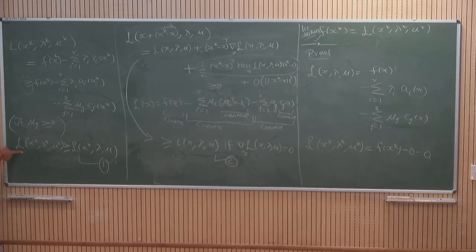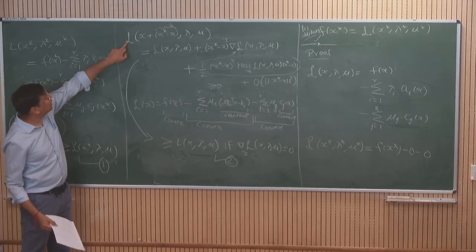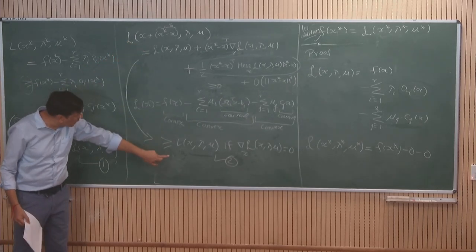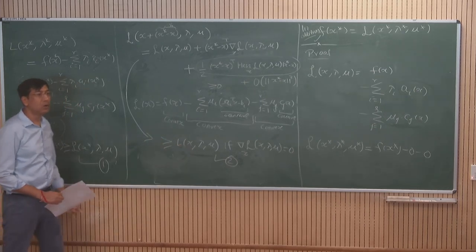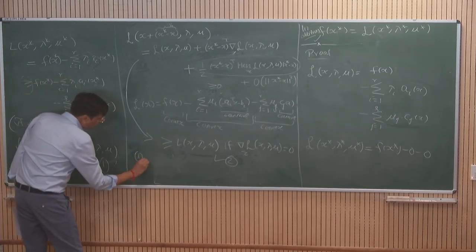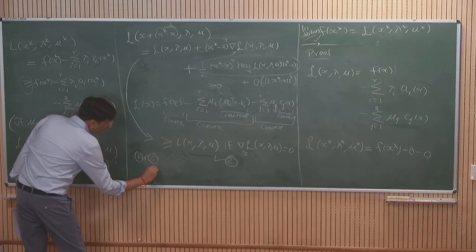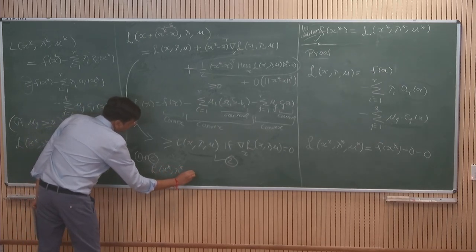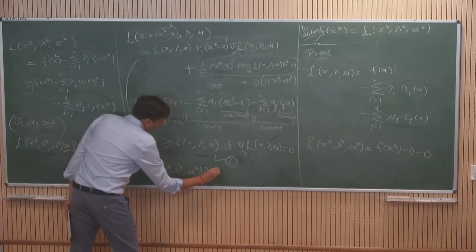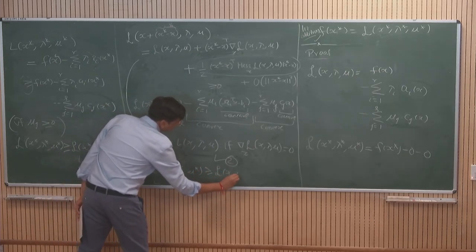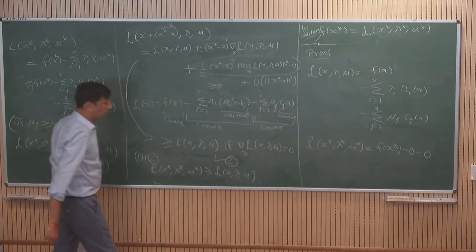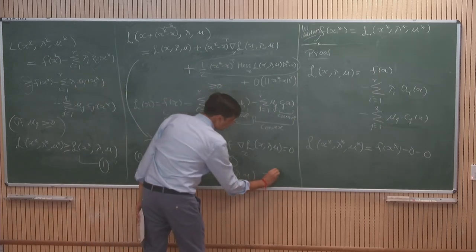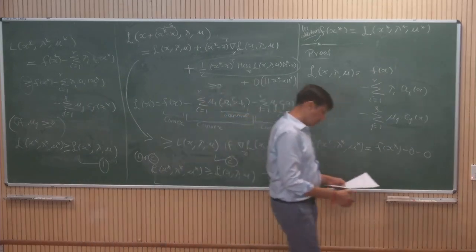The first equation says the Lagrangian at x star, lambda star, mu star is greater than at x star, lambda, mu, and this is the same thing: the Lagrangian of x star, lambda, mu is greater than the Lagrangian of x, lambda, mu. So 1 and 2 together give you that the Lagrangian of x star, lambda star, mu star is greater than or equal to the Lagrangian of x, lambda, mu. Correct? Now we are done.